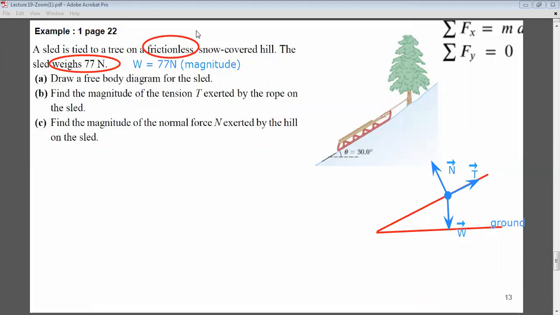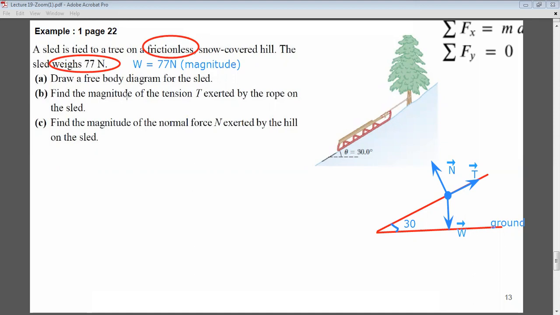What else is given is that this angle is 30 degrees. If I have this angle 30 degrees, it implies I have this angle also.